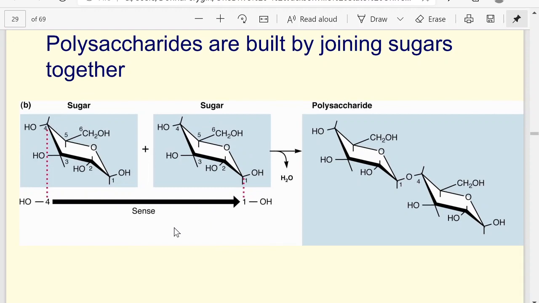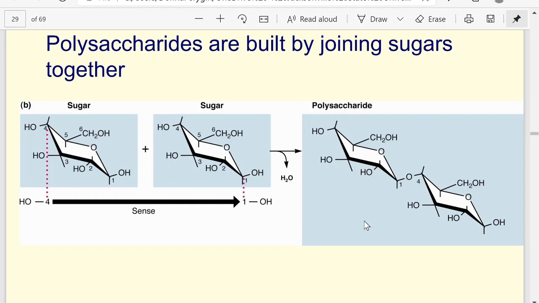Polysaccharides are built up by joining sugars together, and it matters how these are put together too. Here's one example of a polysaccharide that is connected from the fourth carbon on the sugar backbone to the first carbon on the sugar backbone. In other words, we have a 1,4 glycosidic bond, and we'll discuss this in more detail in a later chapter.